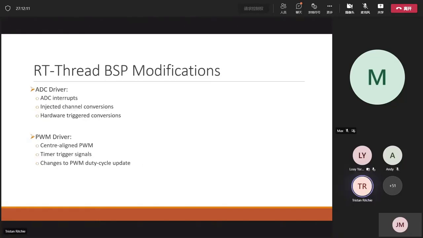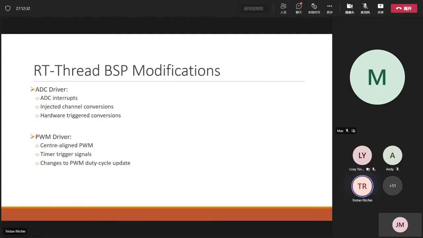The main drawback of the RT-Thread BSP as it stands is the limited configuration options, specifically with regards to the ADC and PWM drivers. To get around this limitation, I've implemented additional driver code that allows for these more advanced configurations.